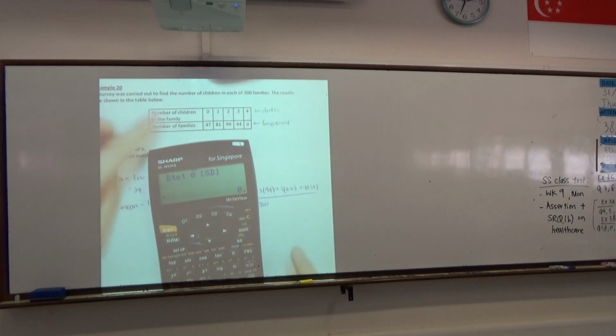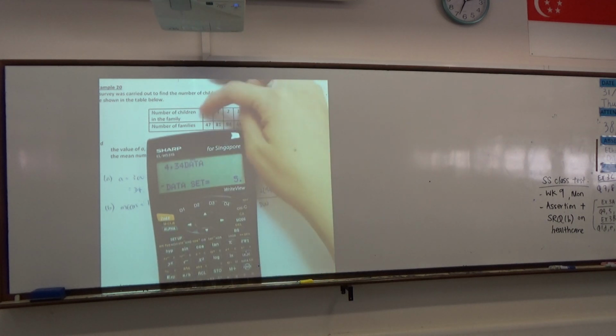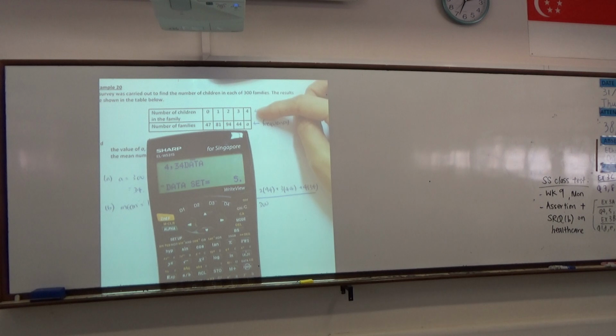With the data over here: data first 0, 47, then you press change. 1, 81, change. 2, 94, change. 3, 44, change. 4, 34, change. So you have a total of 5 data sets, because there are only 5 columns. Then go to alpha and press X bar, then press equal. You will get 1.79.